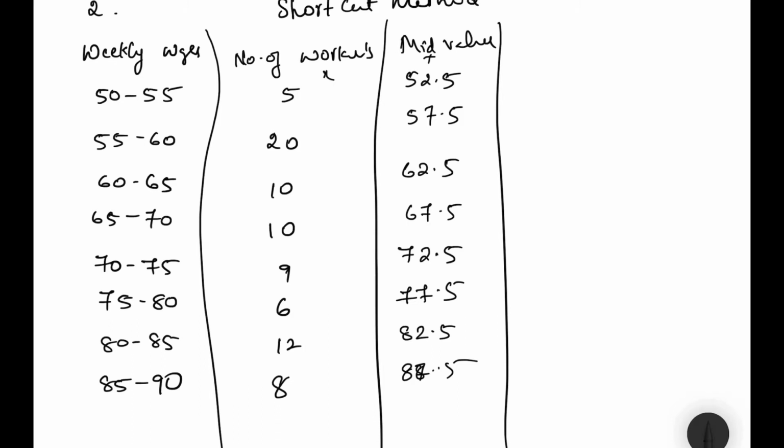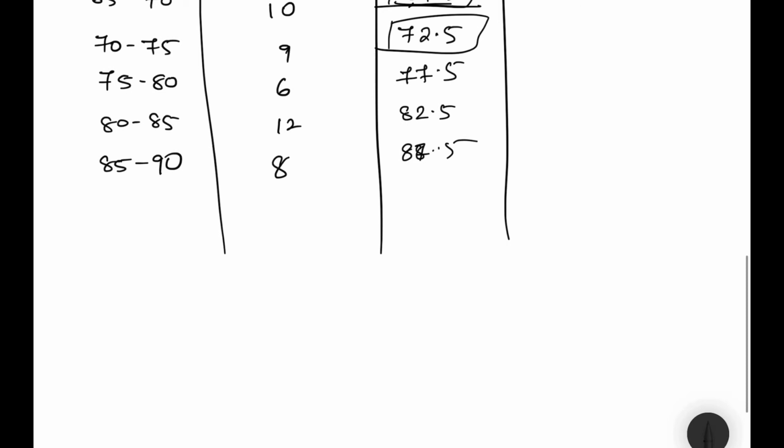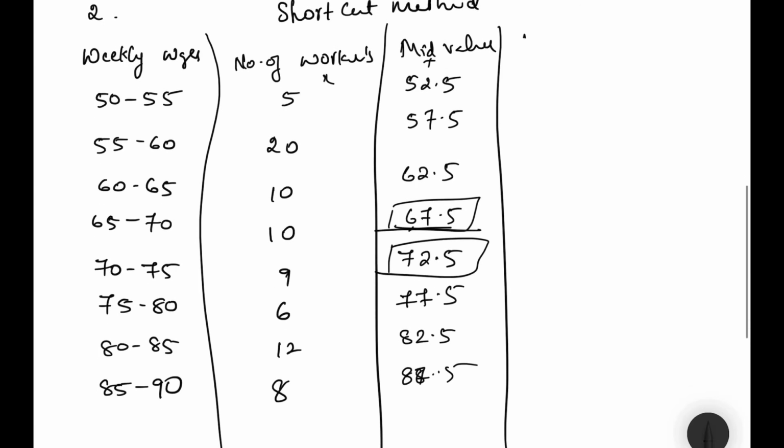So let us come to that assumed mean. Let me take the assumed mean as one of the mid values. Either I can take this value or this. Let me take 67.5 as the assumed mean. So assumed mean A is equal to 67.5.